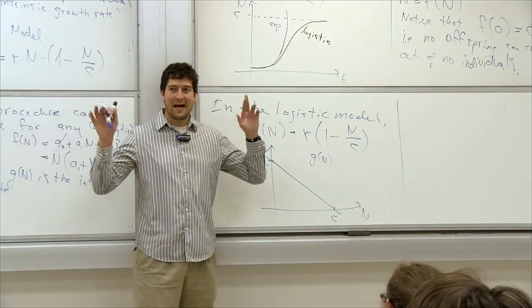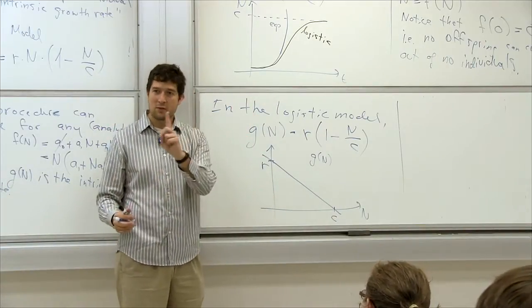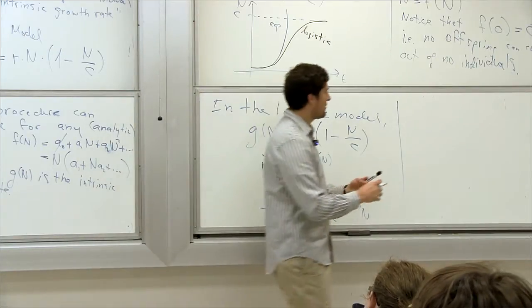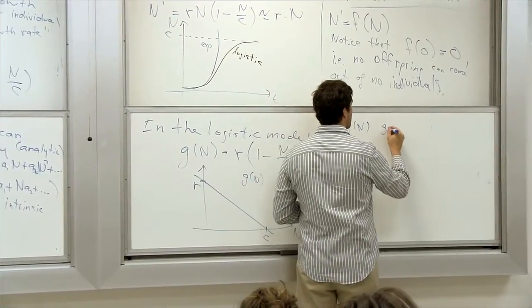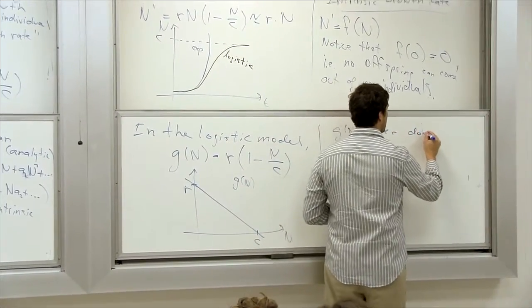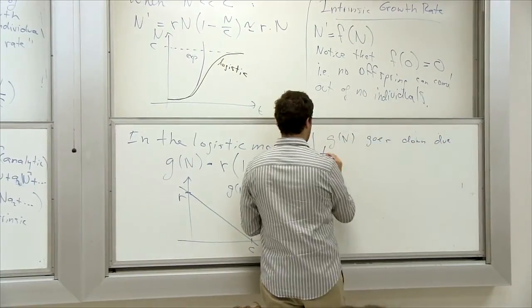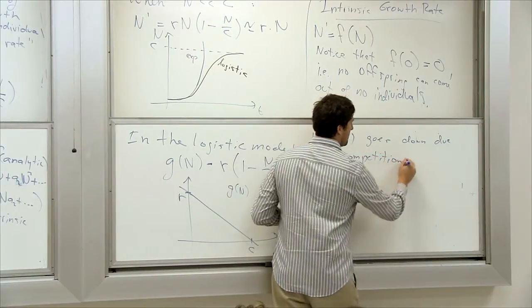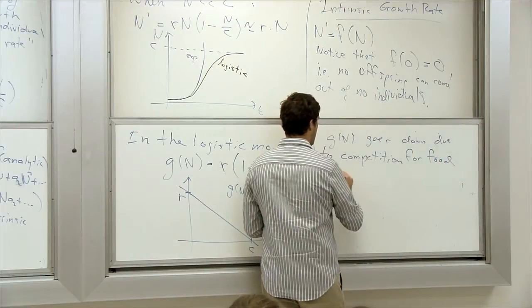So in a sense, the happiness level of the ability for the individual giraffes to reproduce goes down. Okay? So g of n goes down due to competition for food and space.